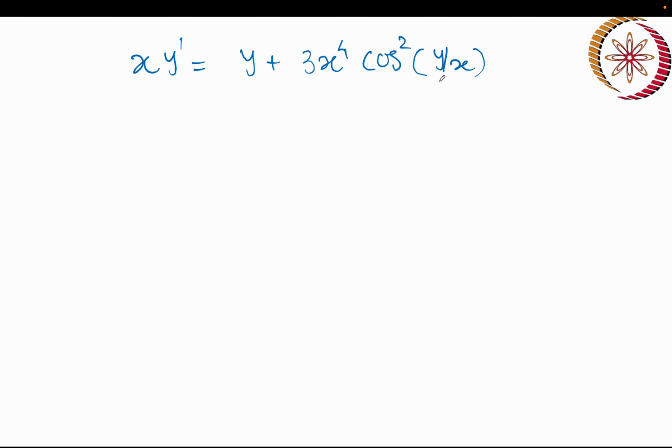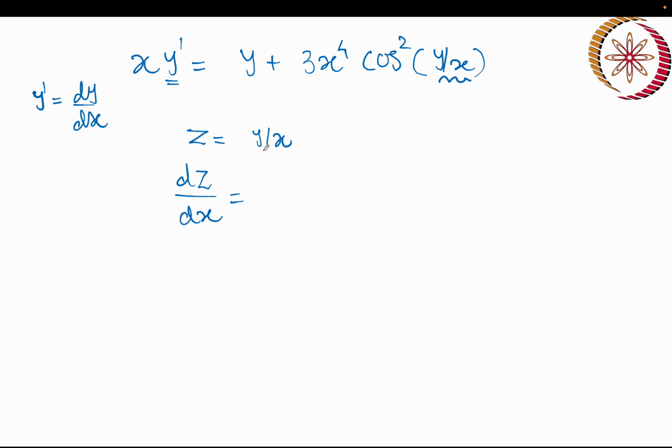So you can see the hint here, which is y by x. Somehow we have to simplify this equation. So what we will write is z is equal to y by x, and y prime is nothing but dy by dx. So we will differentiate this equation with respect to x.